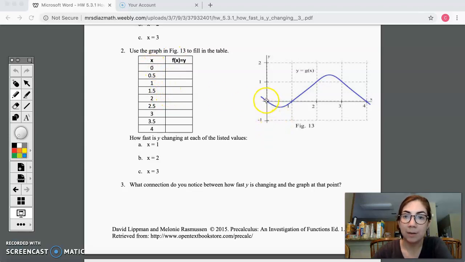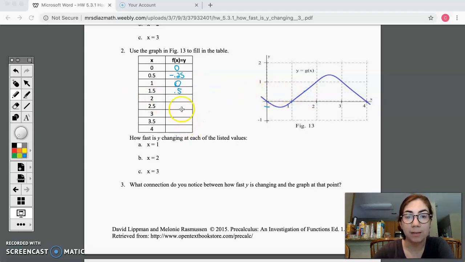So at 0, it looks like it's right at the origin, so 0, 0. At 0.5, would you guys classify that maybe as negative a quarter, 0.25? At 1, back at 0. At 1.5, I would say that's maybe halfway, so 0.5.